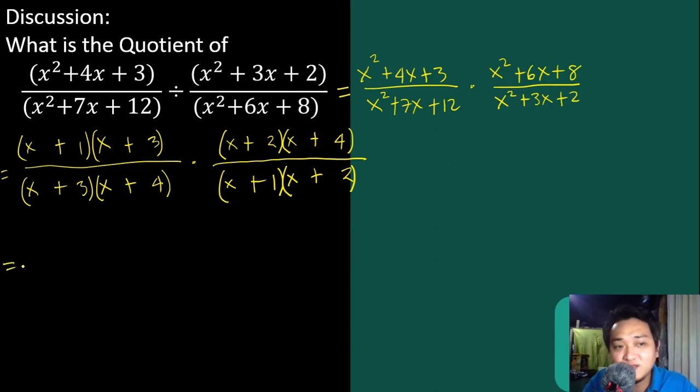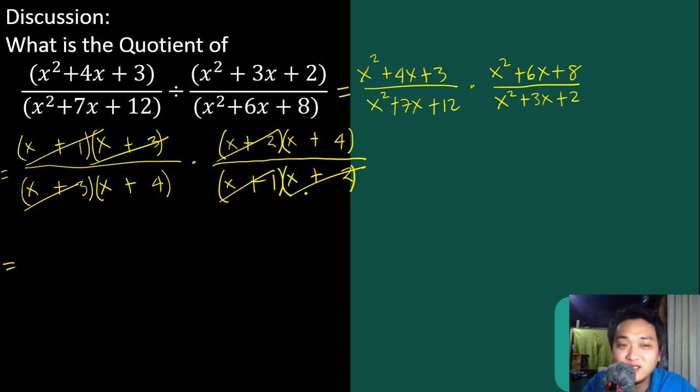Now is the time na pwede na tayo mag-cancel. Sige, tingnan natin from its own rational algebraic expression. The first rational algebraic expression, makikita mo meron ka kaagad maka-cancel. Sige, dito naman sa pangalawa, meron agad x plus 2. What else? At saka na tayo tumawid. X plus 1, we have x plus 1.